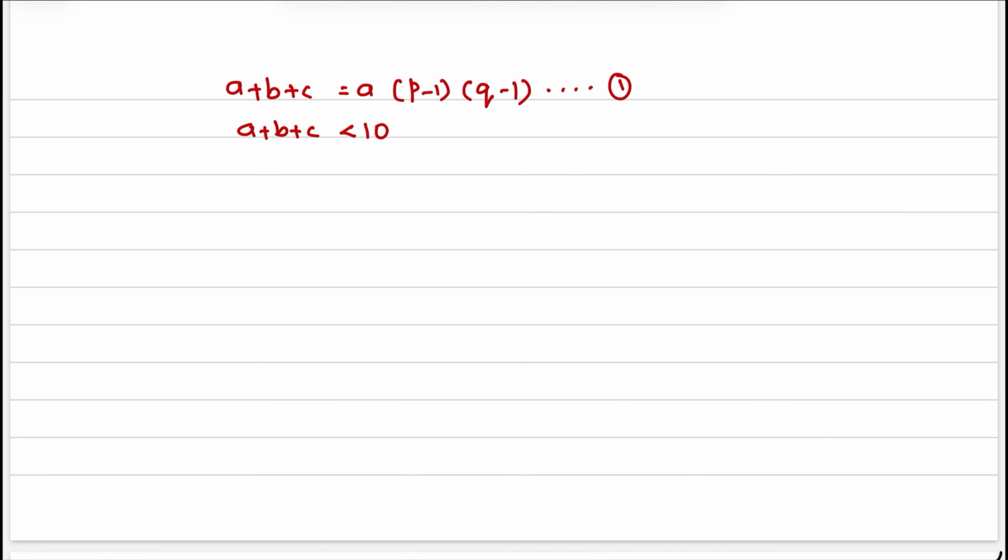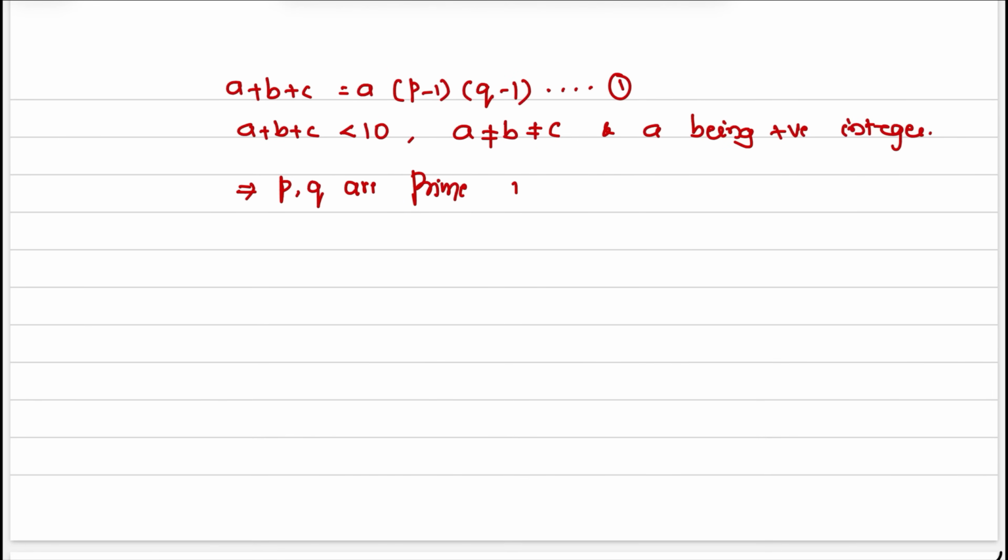Even though it is not there in the question, I am just putting this value so that you will understand. a is not equal to b is not equal to c, and a being a positive integer, these are the conditions. We will get different values of a plus b plus c, and p and q are prime numbers.